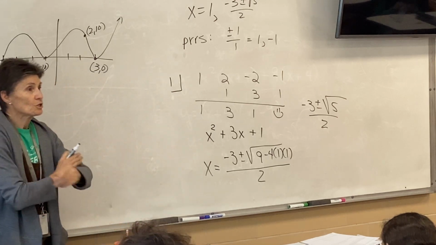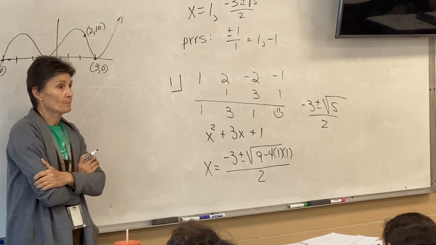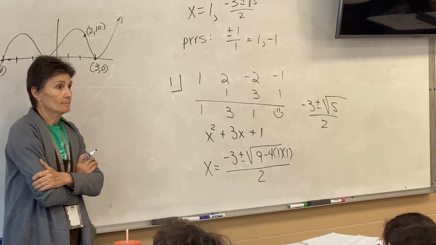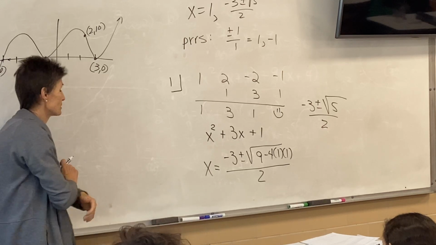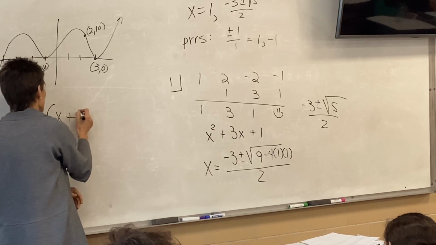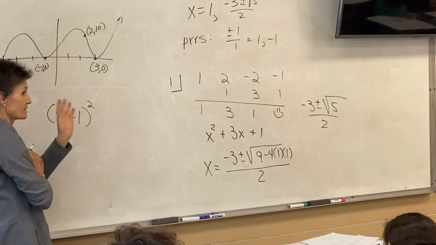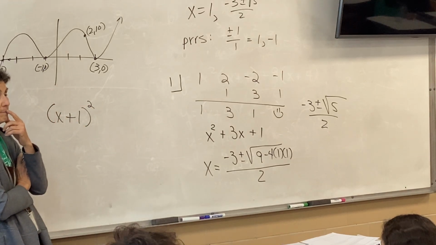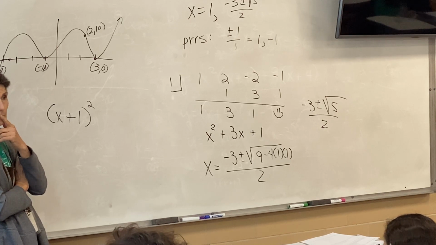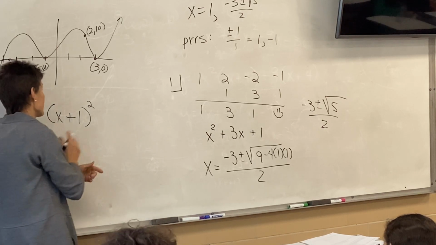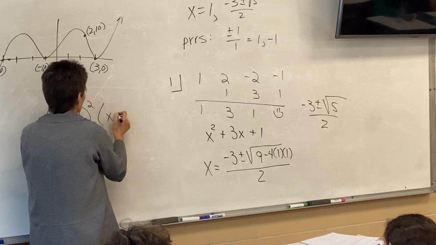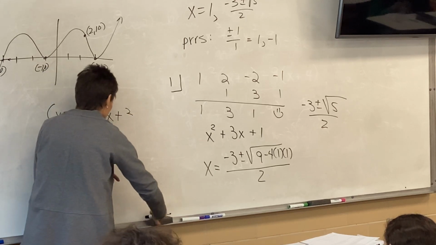Write the equation of this curve. What do you think? There's an x plus 1 squared, Kaylee says. So let's stop right there. Would you agree? Yeah. She says there's an x, what did you say? Plus 3? Or minus 3. Minus 3?